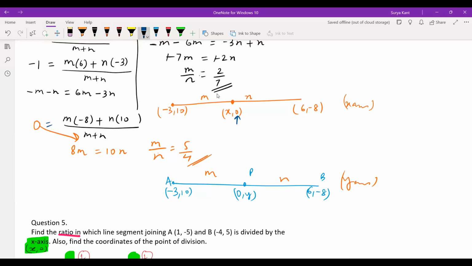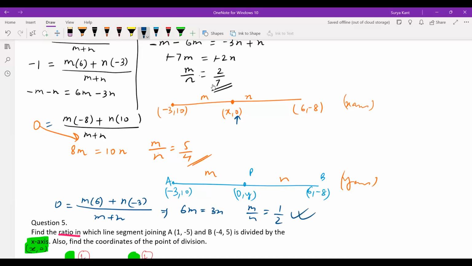Again, for the second part, for the y-axis, you should write x is 0, equal to (m into 6 plus n into -3) divided by (m plus n). So 6m is equal to 3n, so m by n is equal to 1:2. I believe it's correct.